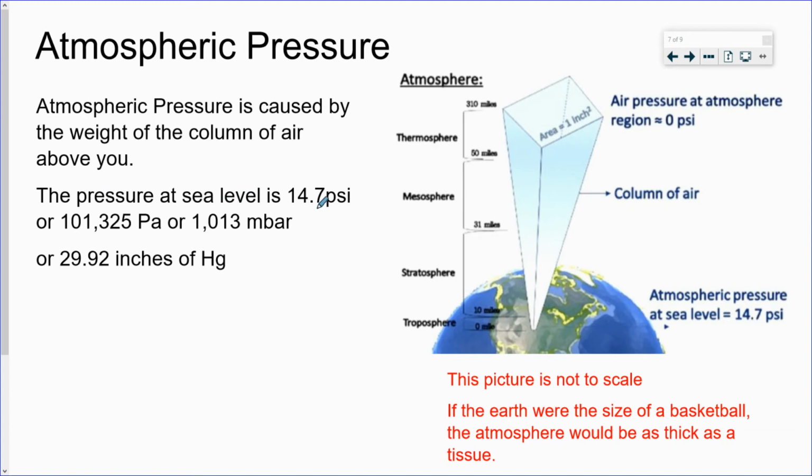That's going to exert a pressure at sea level of 14.7 psi, or 101,325 pascals, or like I put here, something called a millibar, which a bar is actually a 100 psi, and then down here 29.92 inches of mercury.